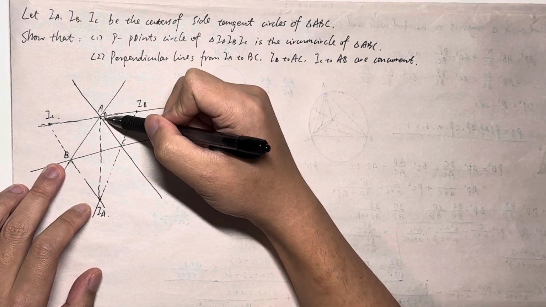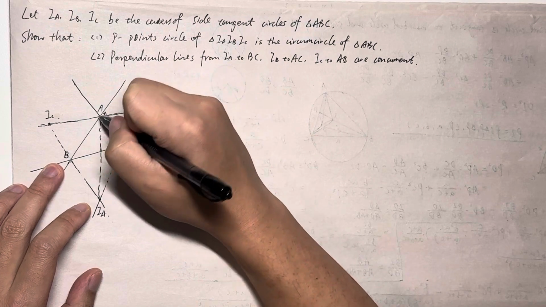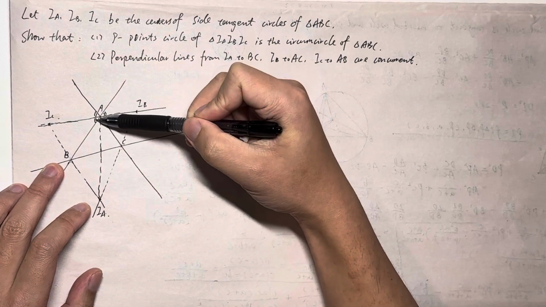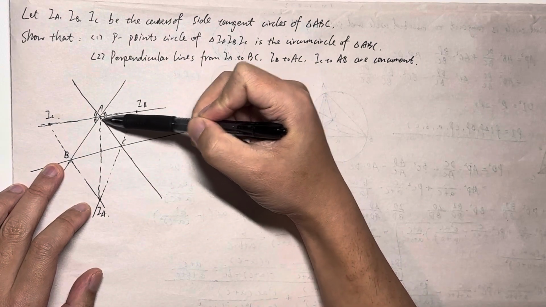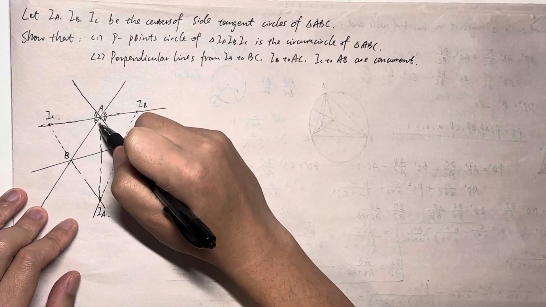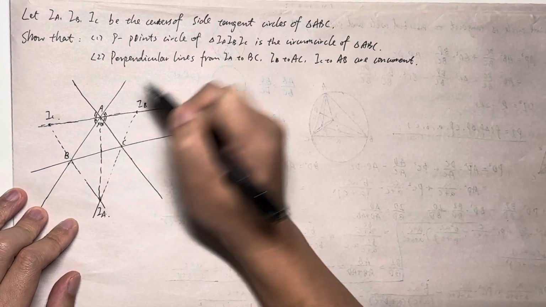So this angle equals this angle, and also this angle equals this angle. Notice that these four angles are all equal, right?